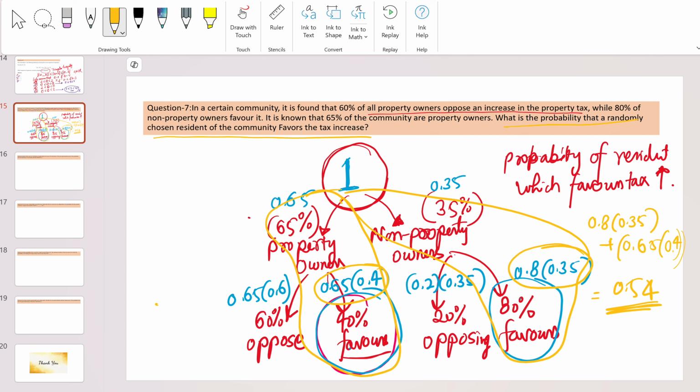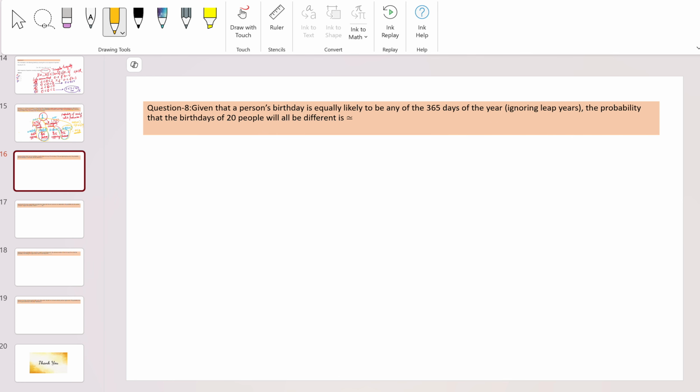Okay, what we have done, we have just segregated that there are property owners and second are non-property owners, and inside both communities, property owners and non-property owners, there are certain residents who favor the tax increase and others who do not favor it. Okay, let's move forward and try to solve this. Take your time and read the problem first.